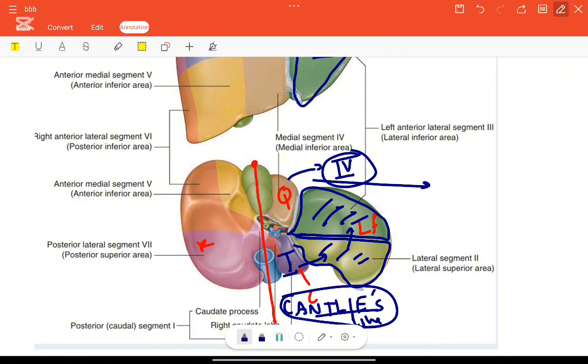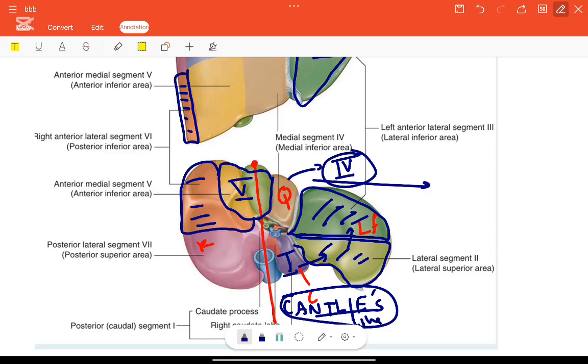Then actually, segment 5 is where the gallbladder sits. It's the fossa of the gallbladder, segment 5. Then we move to segment 6, which is just lateral to that. We call it segment 6, the right anterolateral segment, which is also shown here on this diagram.